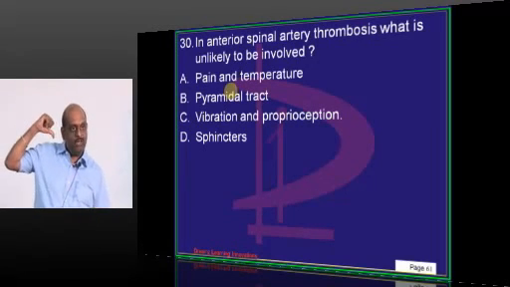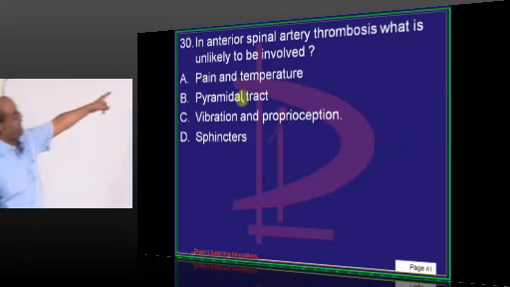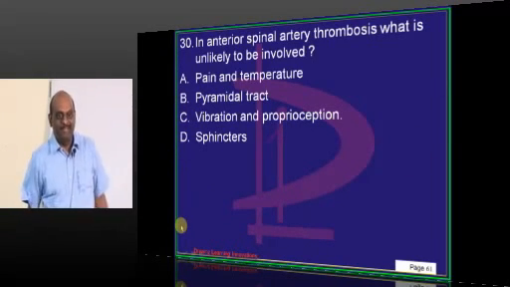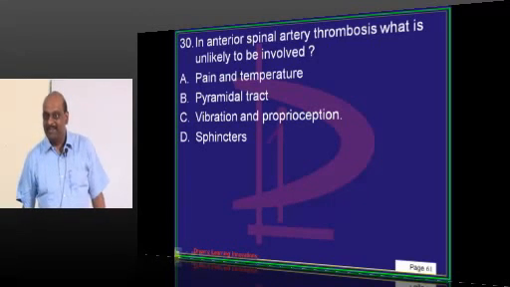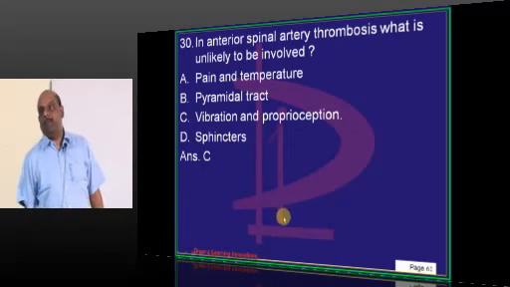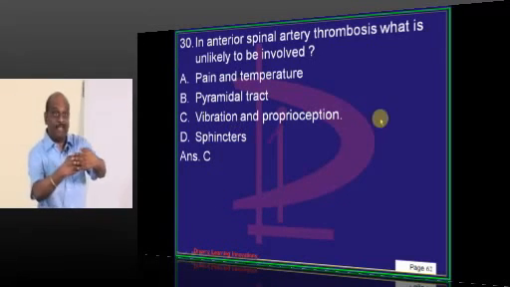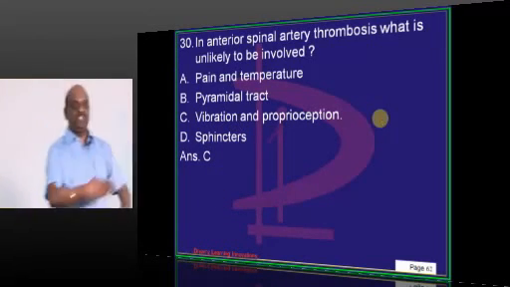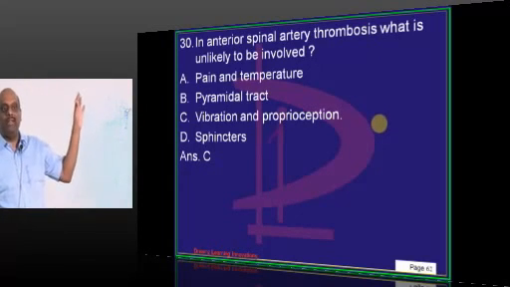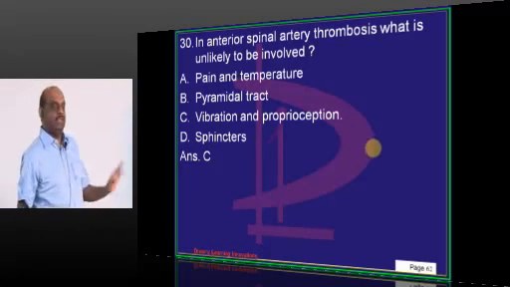Does the anterior spinal artery involve the posterior? No. So which structure is posterior? It is also called the posterior column, the dorsal columns. What do they carry? Vibration and proprioception. Whereas sphincters, pyramidal tract, pain and temperature, the anterolateral spinothalamic tract, they are all anterior structures. If you take the cut section of the spinal cord, they become involved in anterior spinal artery occlusion, but not the dorsal columns. Bas, chalo.